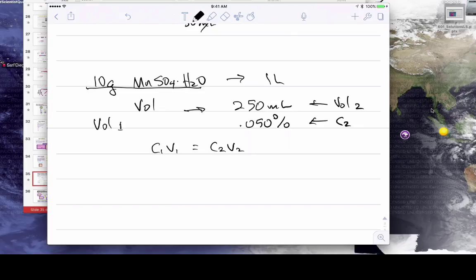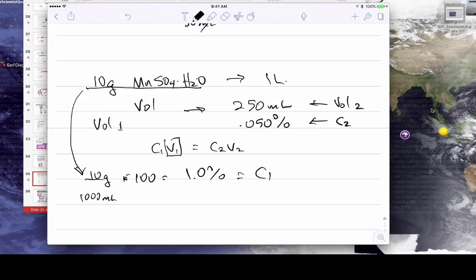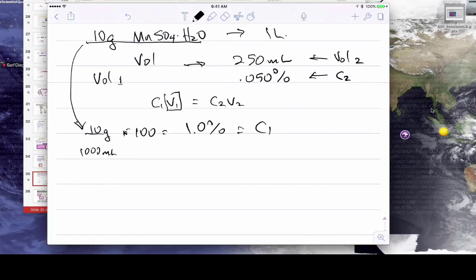We want to calculate the volume of this particular chemical. Now 10 grams in 1 liter is 10 divided by 1000, that's going to give you 1.0%. So we know what C1 is. All we have to do is calculate V1.